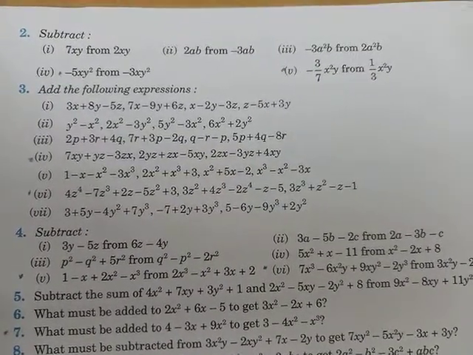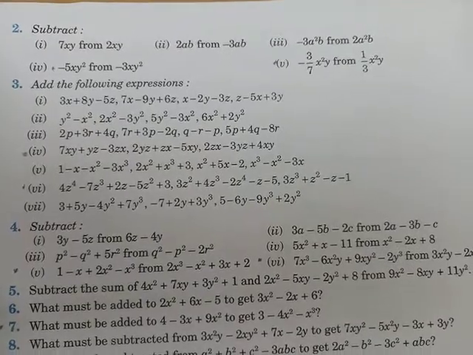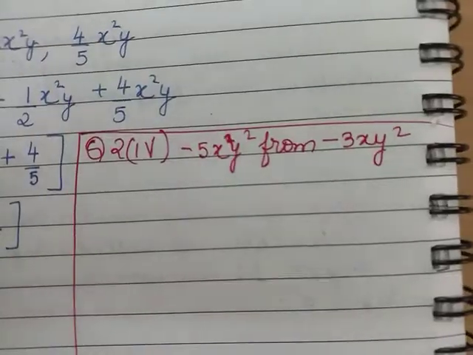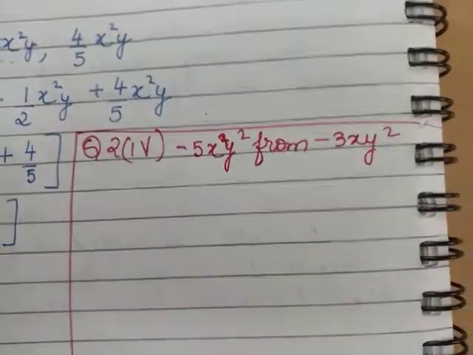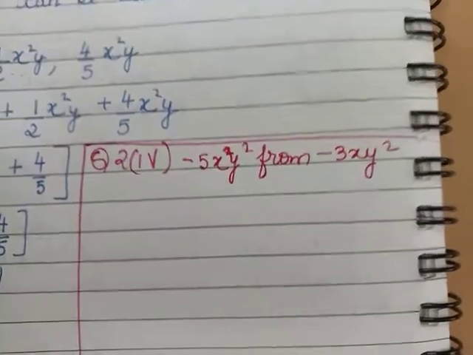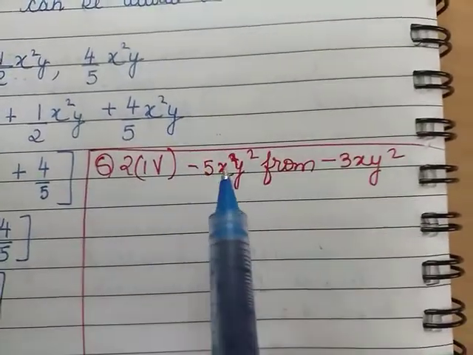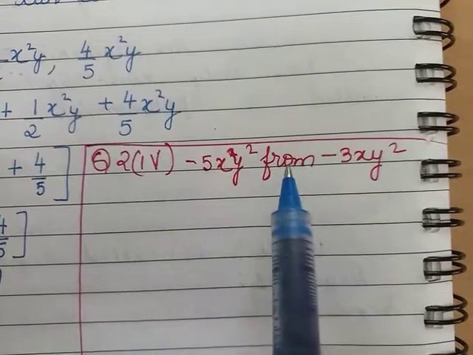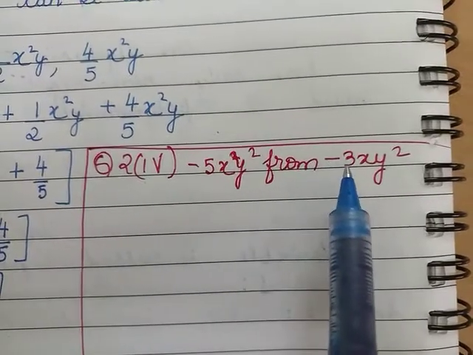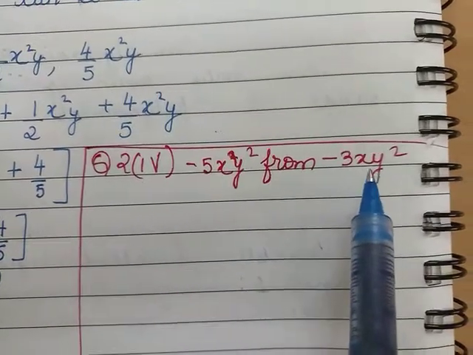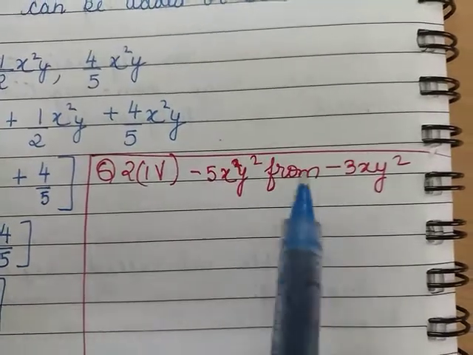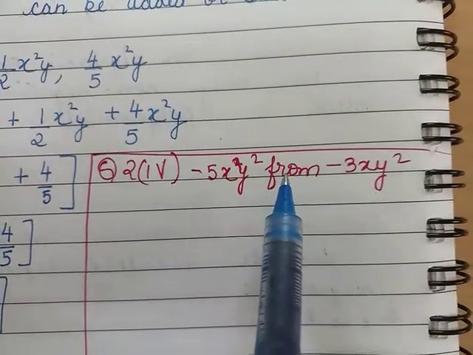So question number 2, I will solve fourth and the fifth bit for you. Question number 2, fourth part is given. Subtract minus 5xy square from minus 3xy square. As I told you, firstly we write the expression which is given after the word from.